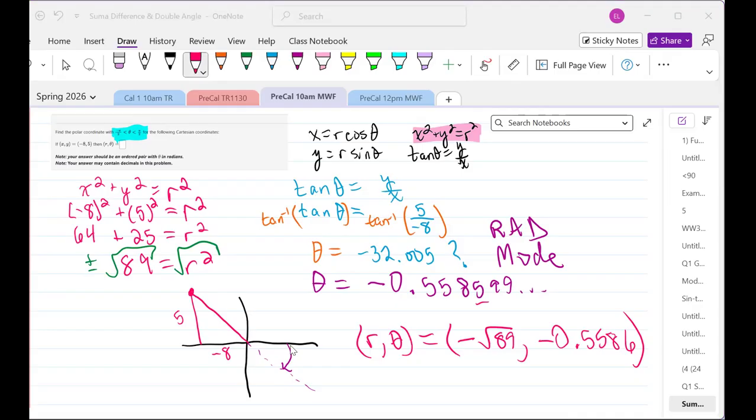Okay, so to pick between the positive and the negative radius: our angle being -0.55 or -32 degrees, just thinking about how our angles lay out on the unit circle. Counterclockwise is positive angles, clockwise is negative angles. So -32 degrees, we go clockwise a little bit and we're in quadrant 4.